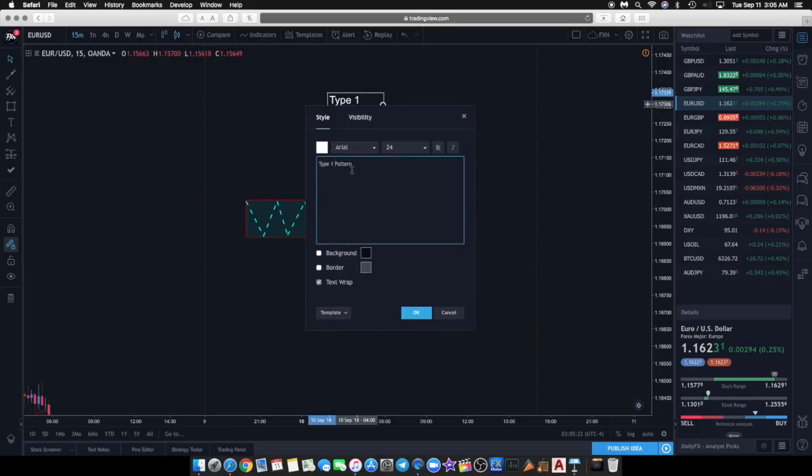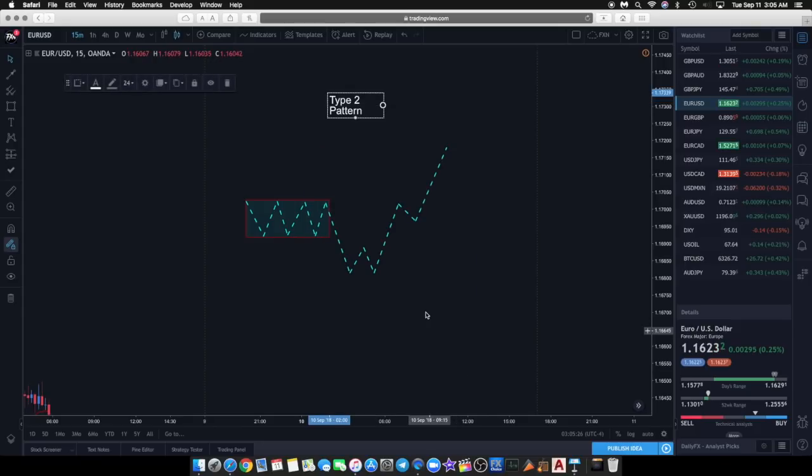So the next one is type 2 pattern. And here's what it looks like. And by the way, if this was not a sell, or if this was turned around, this is what it would look like.